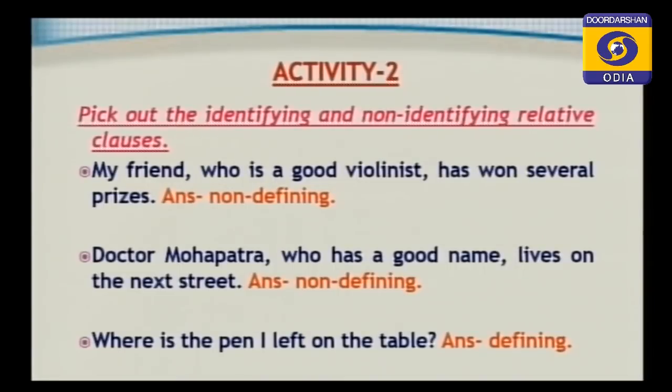Who has a good name, the relative clause, is separated from the antecedent noun phrase Dr. Mahapatra by using a comma. We have already told Dr. Mahapatra. No need of defining, no need of identifying Dr. Mahapatra. So the relative clause is separated from the main clause Dr. Mahapatra lives on the next street, and this is a case of non-defining relative clause. Next sentence, where is the pen I left on the table?